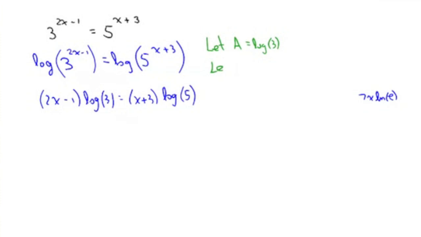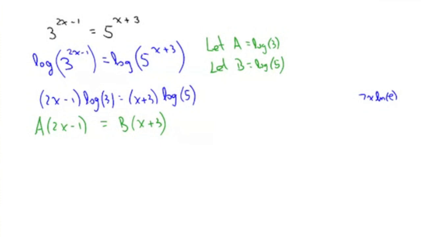Let capital B equal log of 5. What that'll allow us to do is to write one letter to represent the whole thing. So then this boils down to A times 2x minus 1 equals B times x plus 3. It just looks a lot nicer.